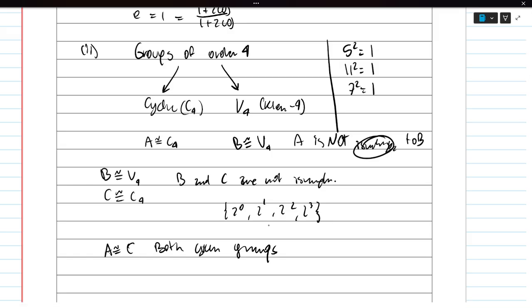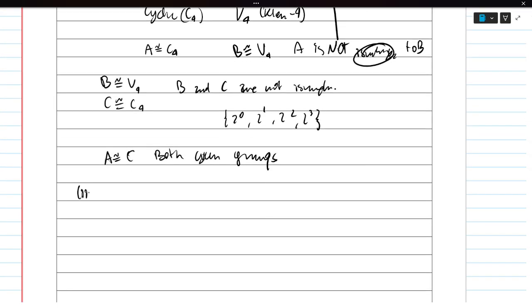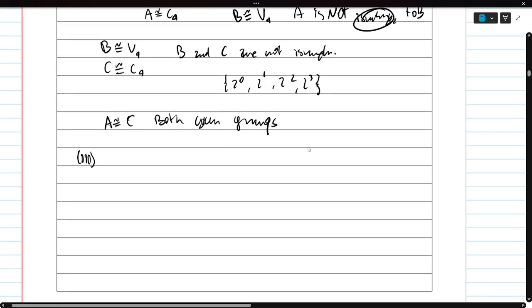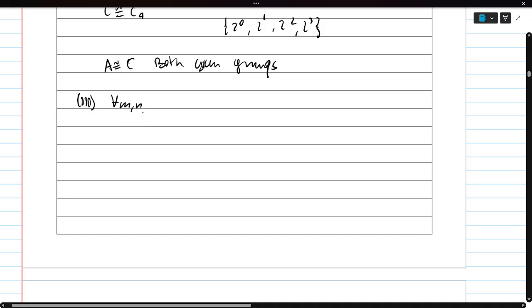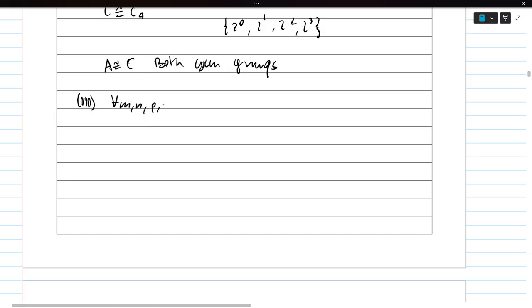Okay. Prove the closure property for D. What on earth is? Oh, D is the funky one. Okay. I'm thinking actually. So for all M and N, P and Q, which are integers, I'm going to take 2 to the M, 1 plus 2 to the N, times 1 plus 2P, 1 plus 2Q.